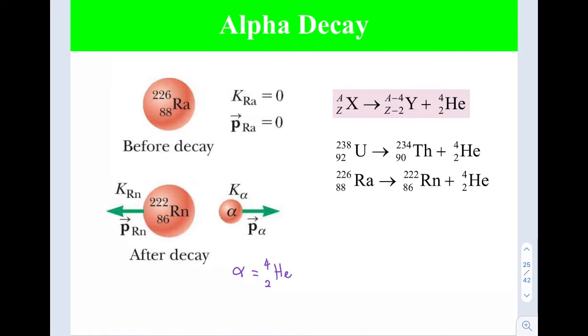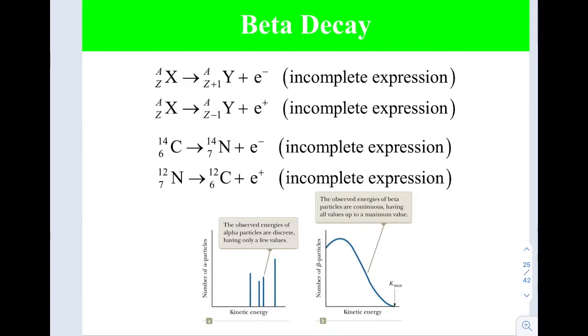Another example is radium-226 becoming radon-222. Again, the A and the Z of the daughter are less by 4 and 2, given up to helium, right?